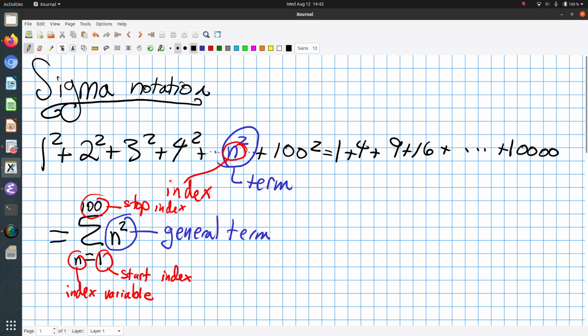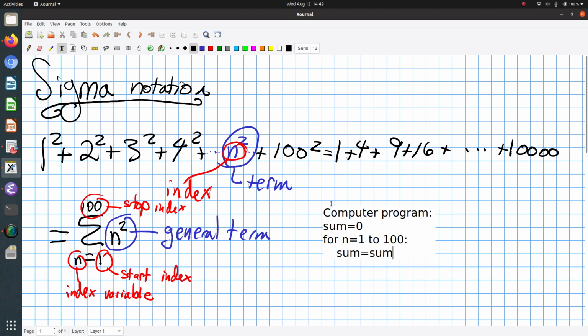This terminology is old, but nowadays you might think of this as a little computer program. You might say that I start out with my sum as 0 because I haven't added any terms, and then I say something like for n equals 1 to 100, do something. What am I going to do?